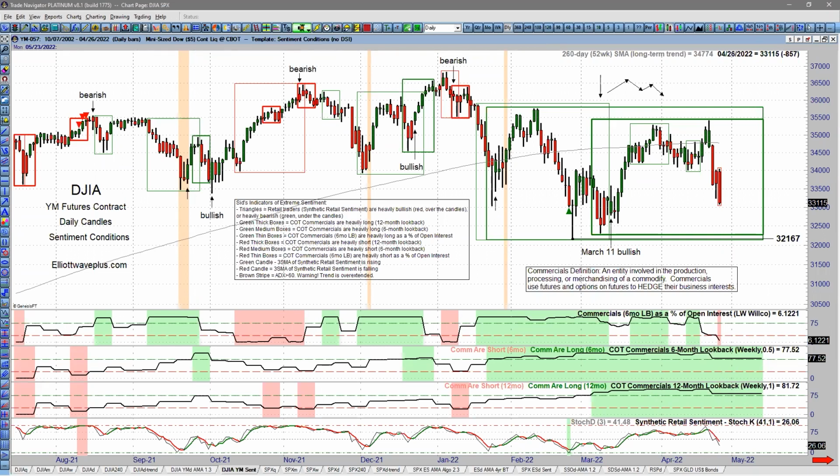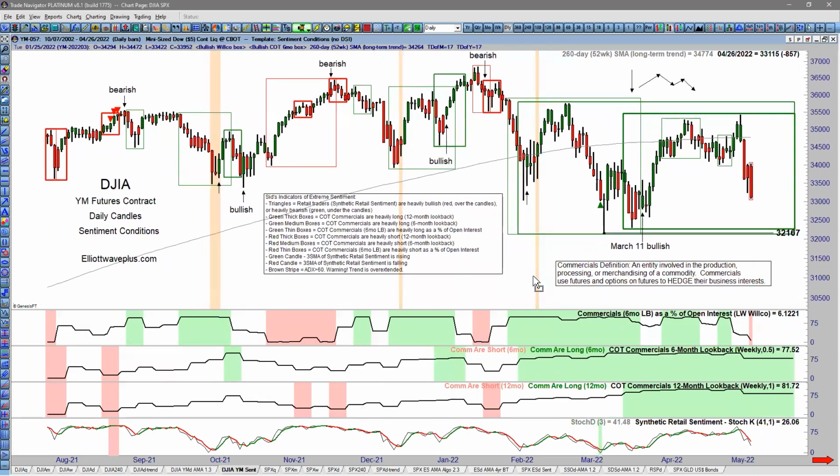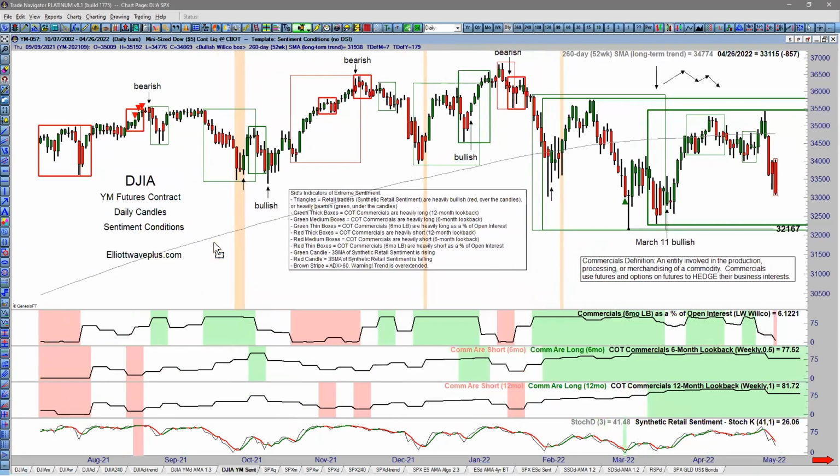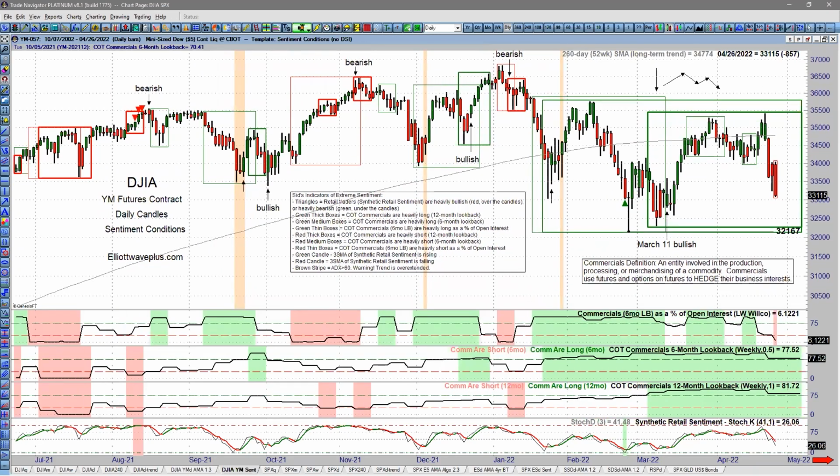When were they last bearish? When were commercials last pretty bearish on all three, using all three different measurements? And the answer is right here. They're pretty bearish here.